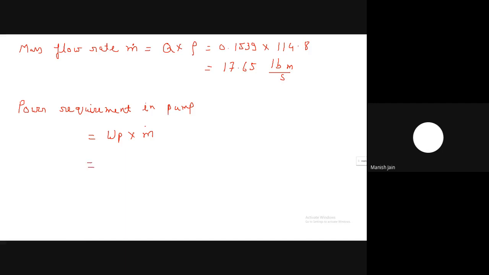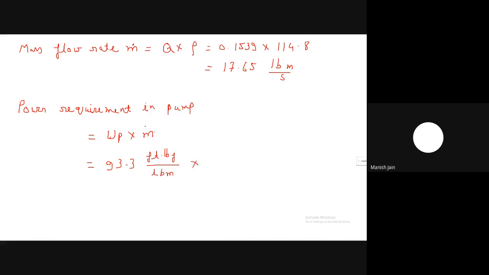The wp is given as 93.3. The unit is foot pound force divided by pound weight.